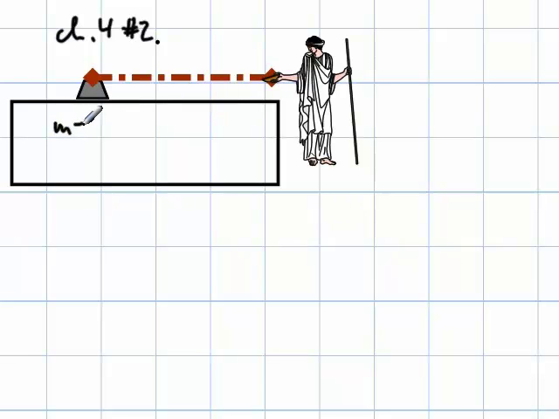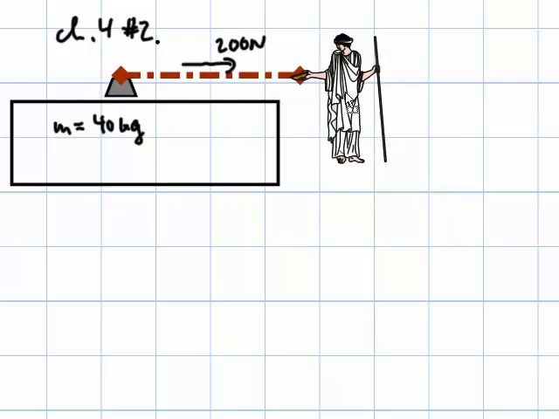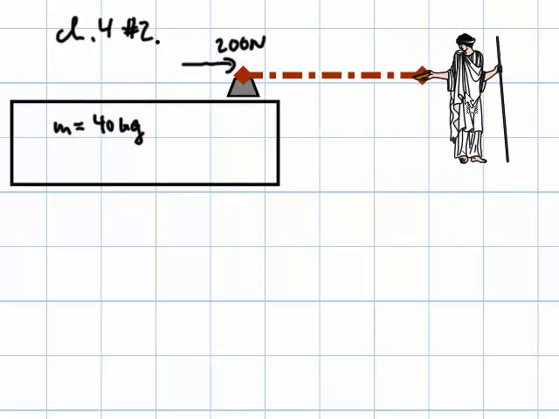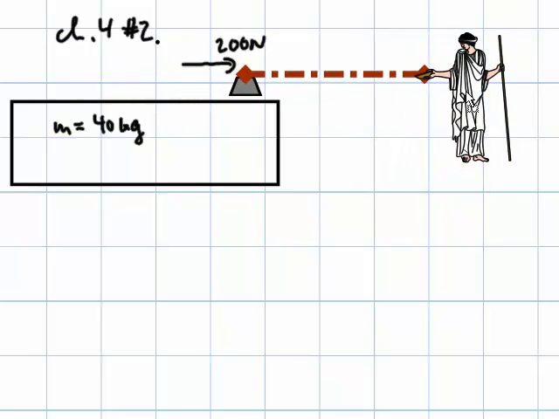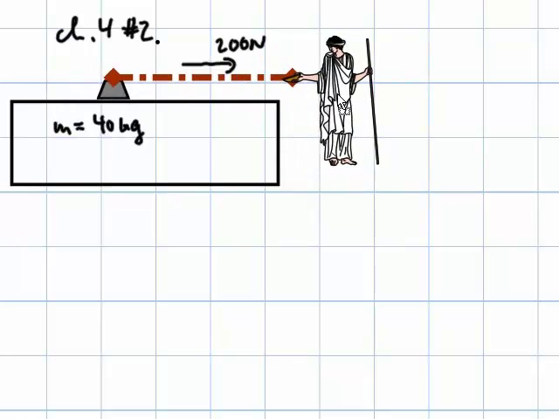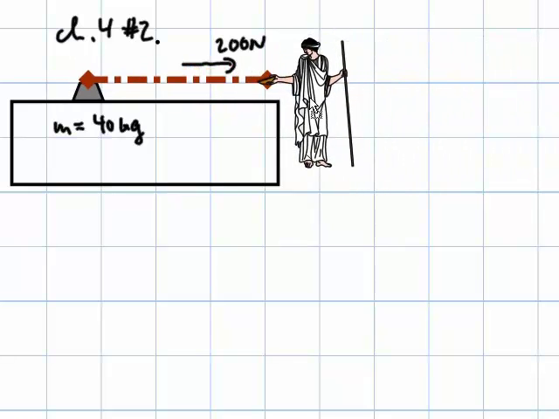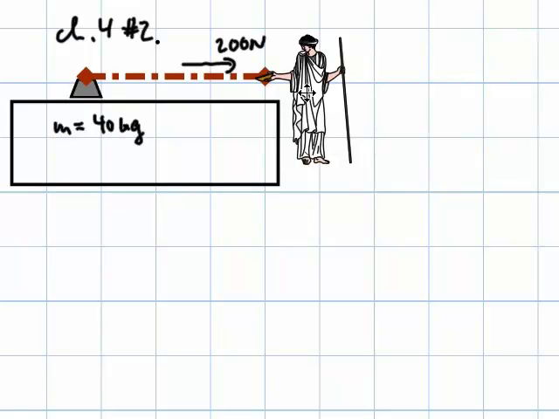So we have m equals 40 kilograms, and we have a force here of 200 newtons. And so this Greek woman is pulling it to the side. And by the way, it would be getting faster and faster and faster, so not just at a constant velocity.